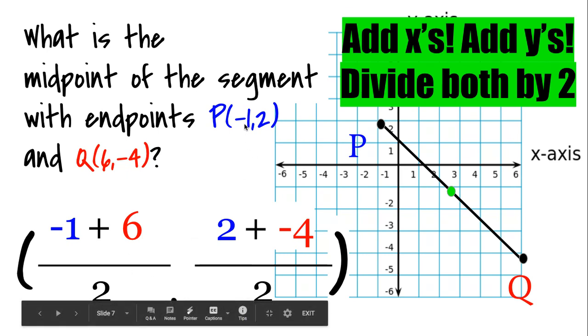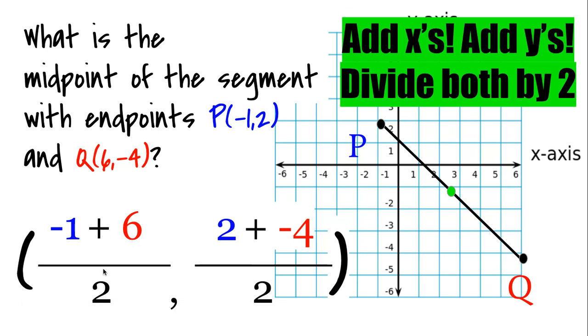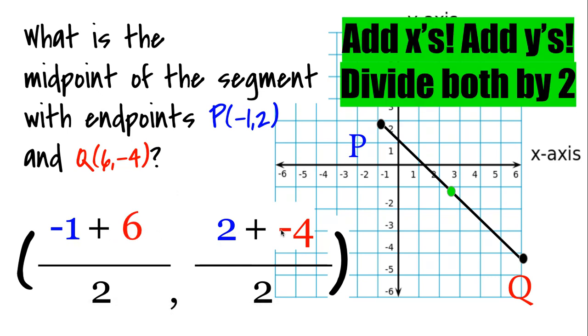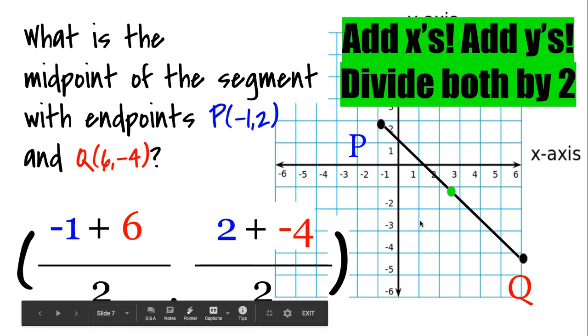They needed to take -1 and 6, add them together and divide by 2. Instead, it looks like they just took both coordinates for P, which is a common error that we see. So add your x's, divide by 2, add your y's, divide by 2 for the midpoint.